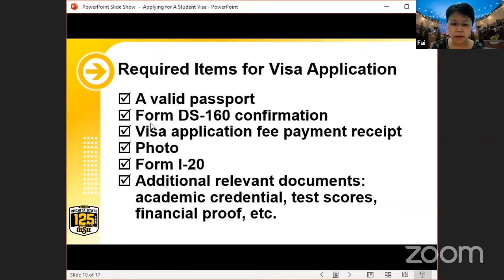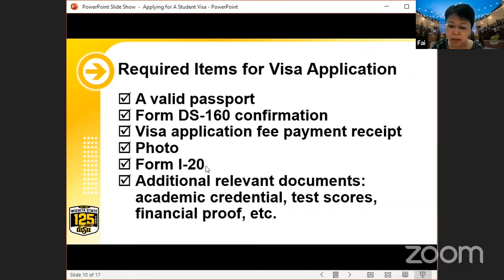And the other thing is the Form DS-160 confirmation. So after you complete the online form, you will receive a confirmation. And you will also need to pay your visa application fee, and you receive a payment receipt. A photo that is according to the specification listed in the visa application form.